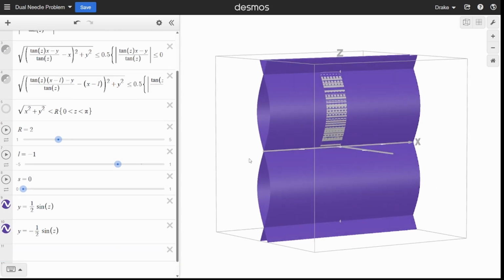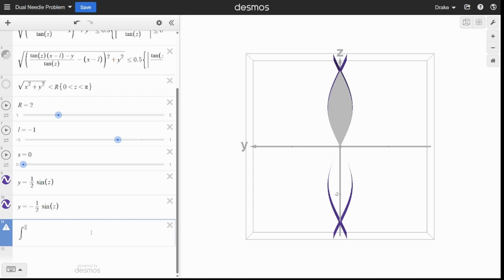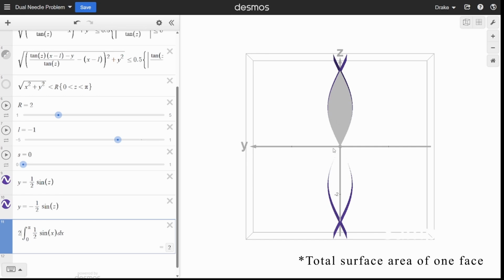So to find the surface area of one face, we can do the integral from 0 to pi of 1/2 sine of x dx. That will find half of this surface area. So multiplying that by 2 will find our total surface area.